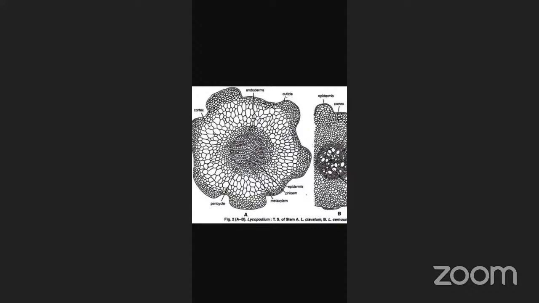The endodermis has Casparian strips, a distinctive character of young stems. Below the endodermis the stele is present. The stele consists of around 3 to 6 layers of rectangular cells at the periphery, which form the pericycle.